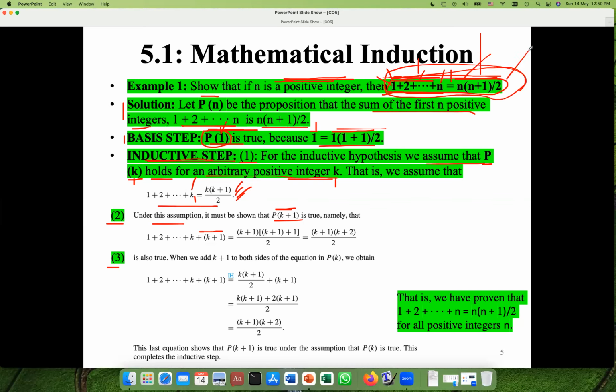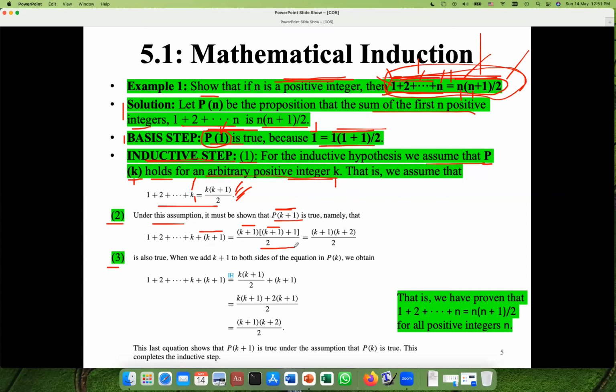We are not doing anything, just putting it. But this is not the proof, okay? So previously we have k, and then k plus 1 is equal to, here with this n, put this k plus 1, and then plus 1, divided by 2 according to the right hand side.